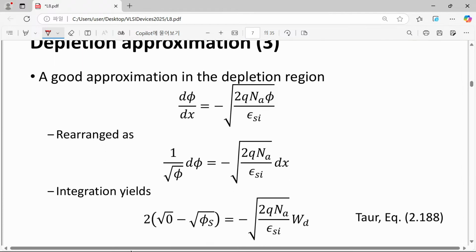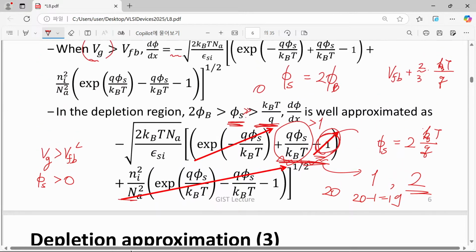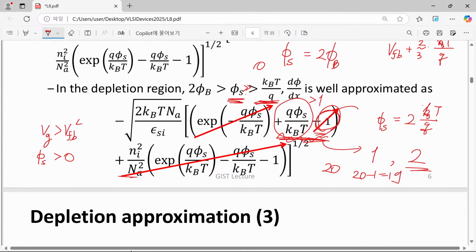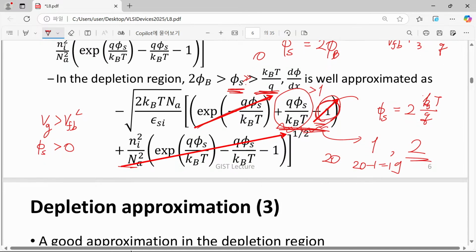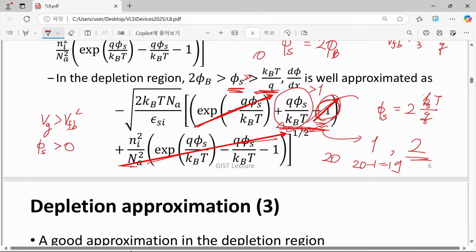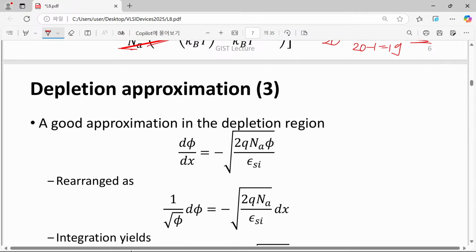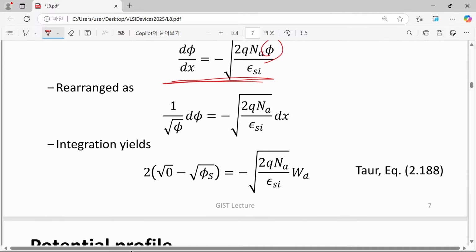Now, since we have only one term remaining, deleting all negligible terms, we can have quite a simple form. d phi over dx is just given as the square root of surface potential. So now we can solve it.